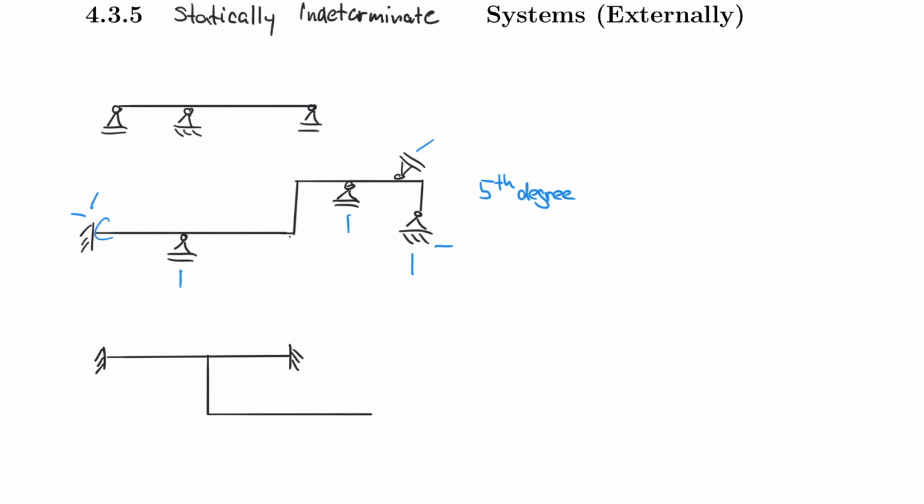So let's say something like that. And maybe I even build a system on there just to teach you one more thing about statical indeterminacy. And let's say that looks like this.